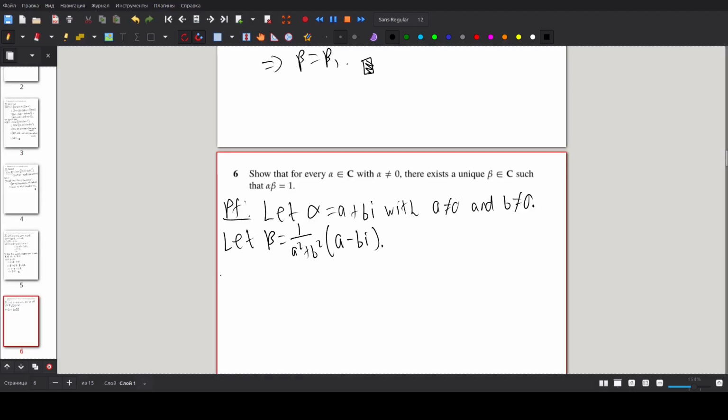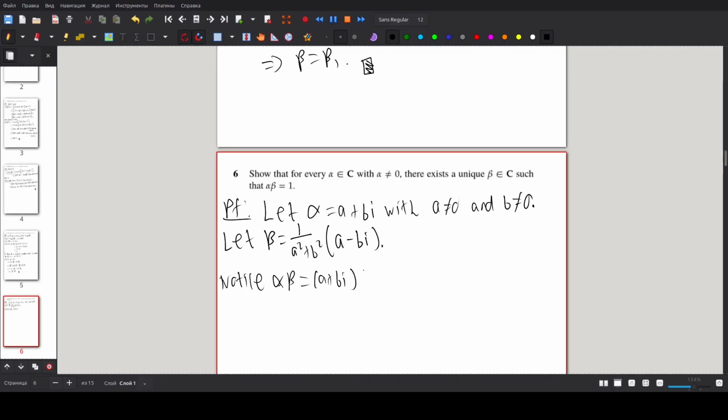So notice that alpha times beta equals a plus bi times, and I guess this is a scalar, really this should be with both of these, but I guess I'm being a little bit lazy here. Oh no, I wrote it out like that anyway. Alright, well, so look, if you just distribute this, you can do that.